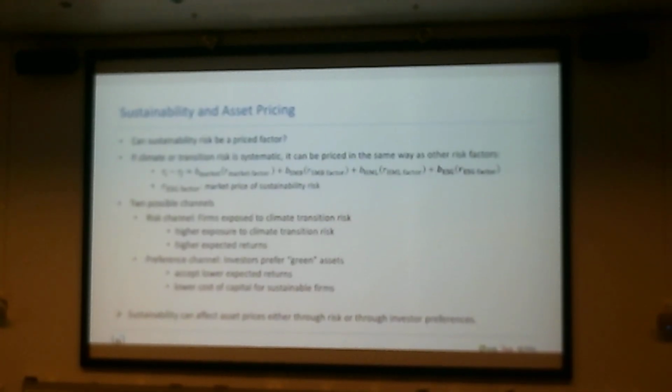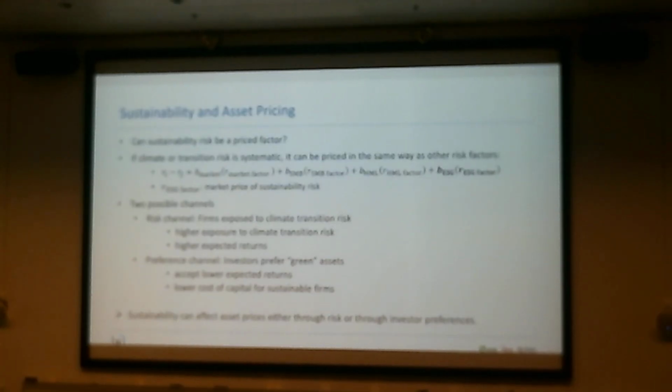So if you think about brown firms, they are very subject to stricter regulation, and this regulation becomes stricter and stricter. So for them, it becomes quite hard to still be profitable. Of course, this is a huge risk for these stocks. So you would only invest in these kind of stocks if you expect a higher return. Otherwise, why should you invest in these stocks?